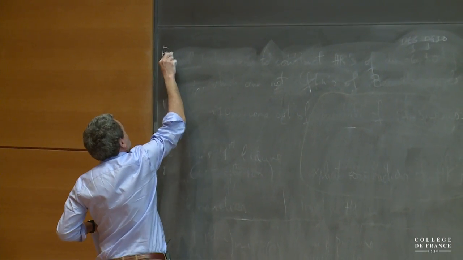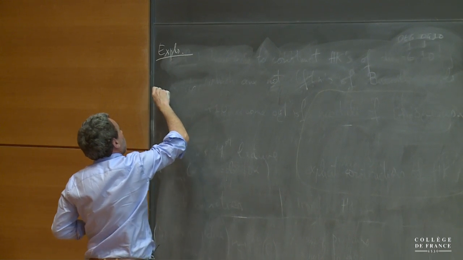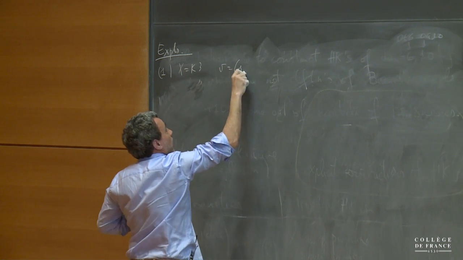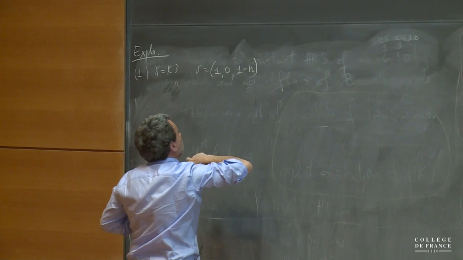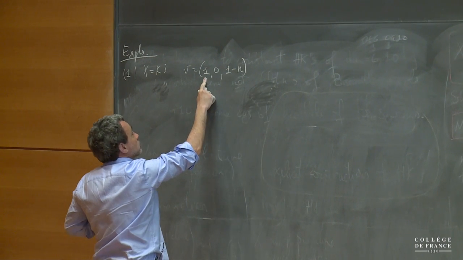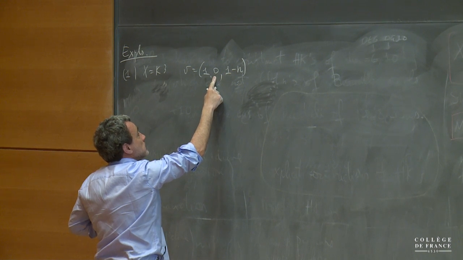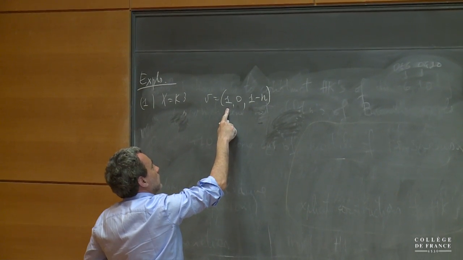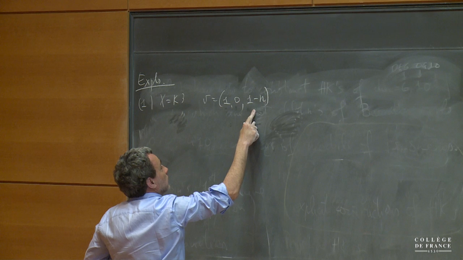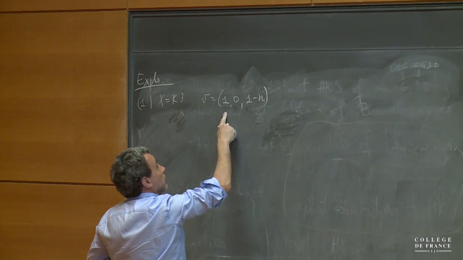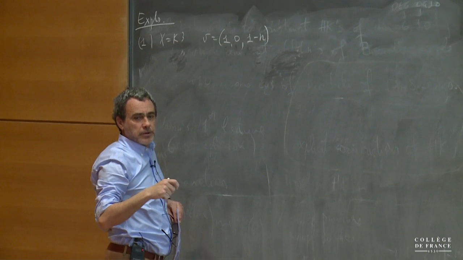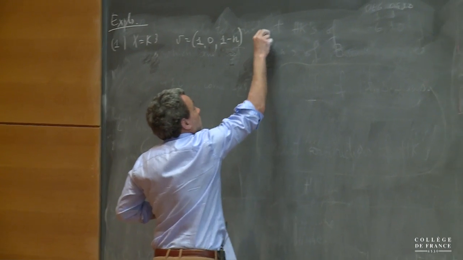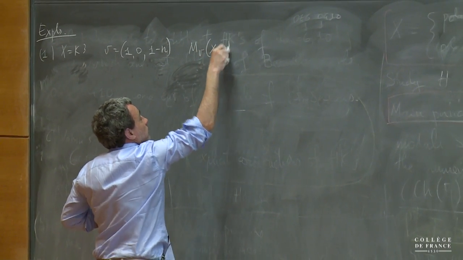Well, not so trivial. Say X is a K3, and v is (1, 0, 1 minus n). So rank 1 sheaves, c1 is 0. By Hirzebruch-Riemann-Roch, the Euler characteristic is r plus s for K3s, so the Euler characteristic is 2 minus n. The sheaf has to be the ideal of a zero-dimensional scheme, and that means that the zero-dimensional scheme has length n. Of course, here H has no importance.